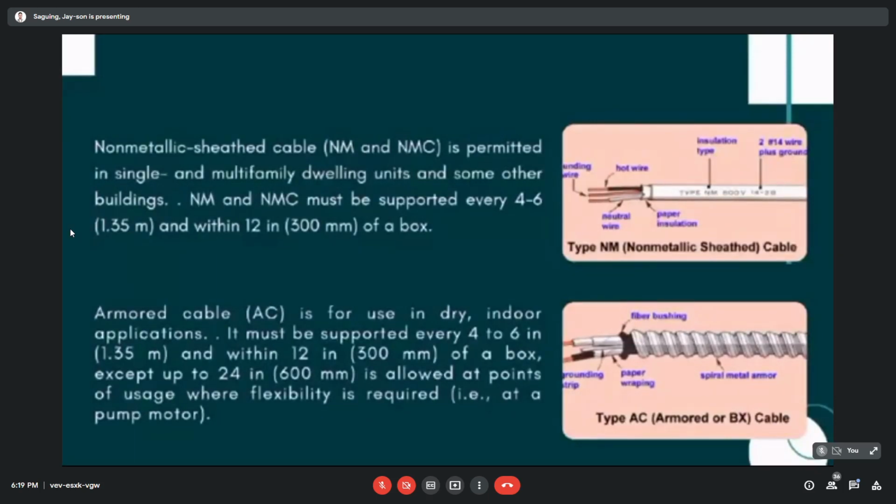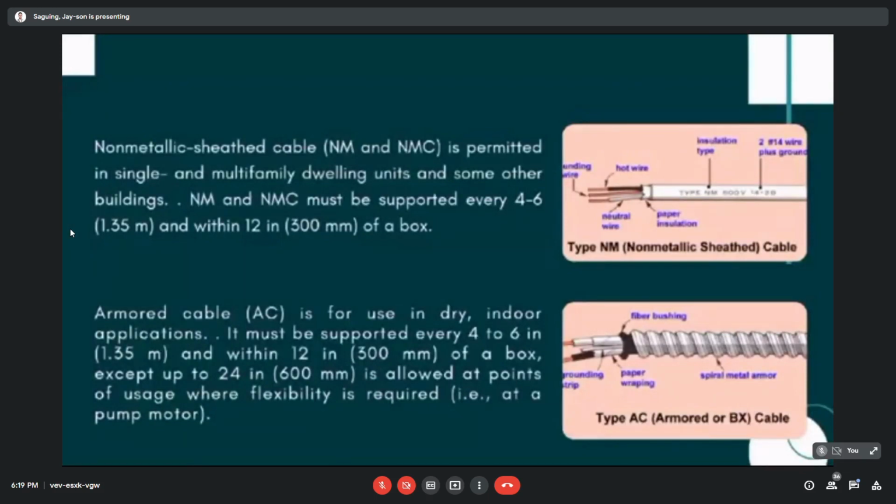So next is armored cable. Armored cable or AC is for use in dry and indoor applications. Same as non-metallic sheath cable, it also cannot be used in places like commercial garage, motion picture studios, theaters, and other corrosive or hazardous location. In armored cable, bends are limited to no less than 5 times the diameter.